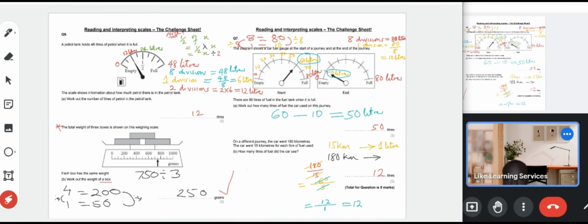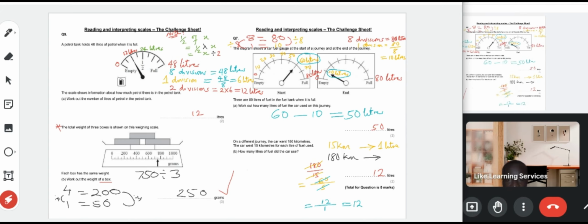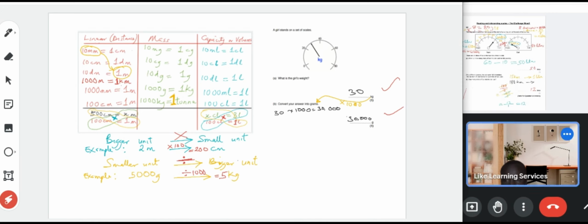Okay. So the whole thing is laid out here, all the methods. What you just need to remember is this conversion rate: 10 millimeter 1 centimeter, 10 centimeter 1 decimeter, 10 decimeter 1 meter, 1000 meter 1 kilometer.